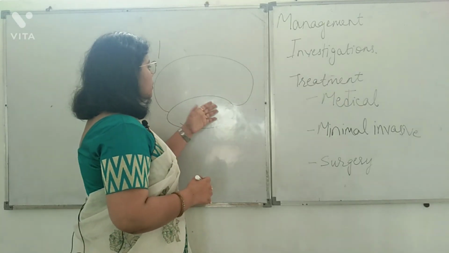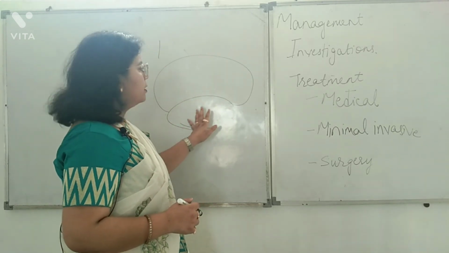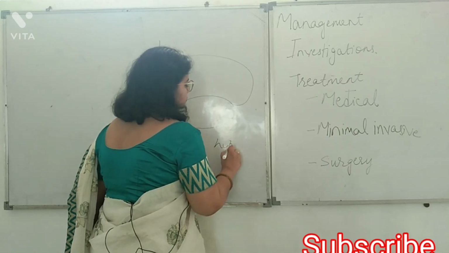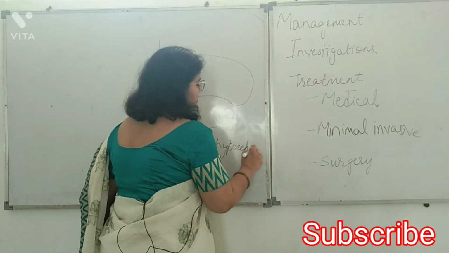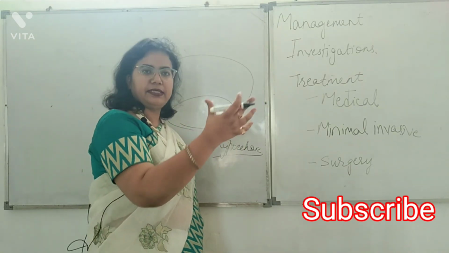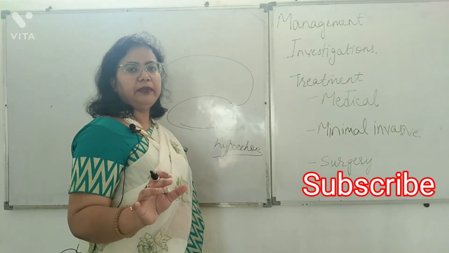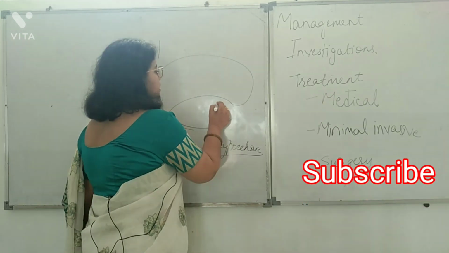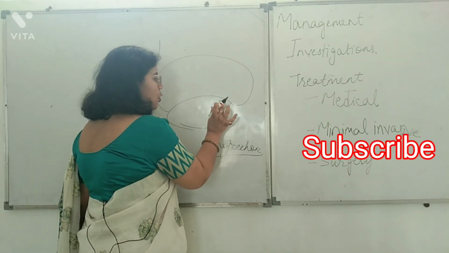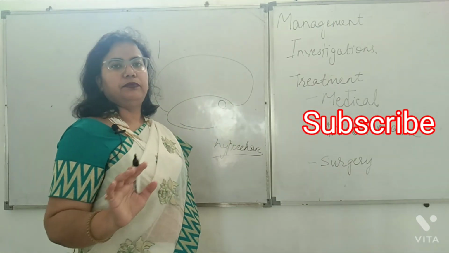Whatever blackish part of the uterus is there, the ultrasound is hypoechoic. Hypoechoic means it is reflecting the sound waves back less as compared to the normal uterine musculature. So you will see an area which is more black than the rest of the myometrium.